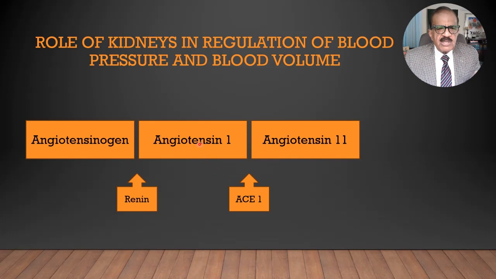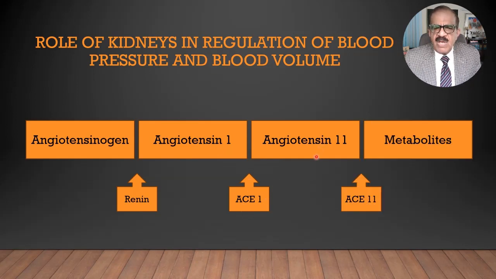So once angiotensin 1 passes through the lung capillaries, ACE1 converts it into angiotensin 2. Angiotensin 2 is a very potent vasoconstrictor, and it also stimulates aldosterone. So once angiotensin 2 is elevated, it will increase the blood pressure. And once a specific level of blood pressure is achieved, it would stop further conversion of angiotensin 1 into angiotensin 2. So this is very important.